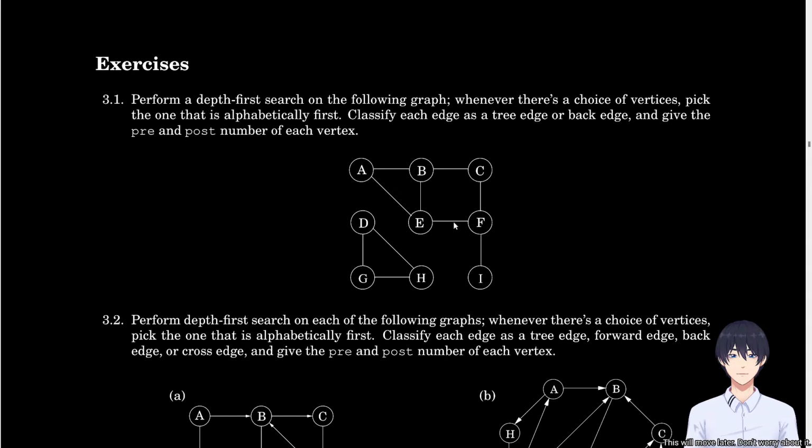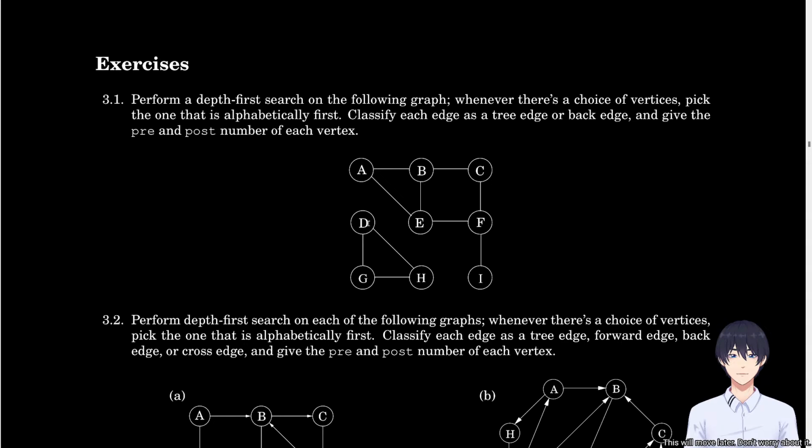No. Undirected, right? And then look at I. And then go back post to F, back post to C, to B, to A. And I wasn't counting, but I could if I wanted to.